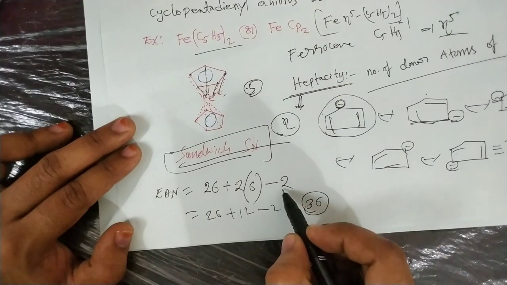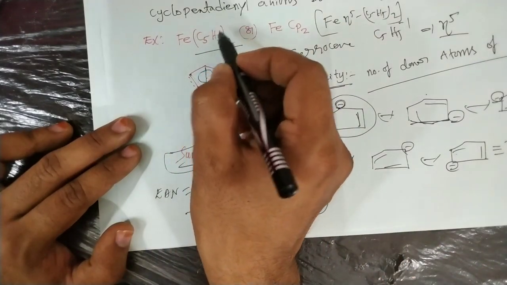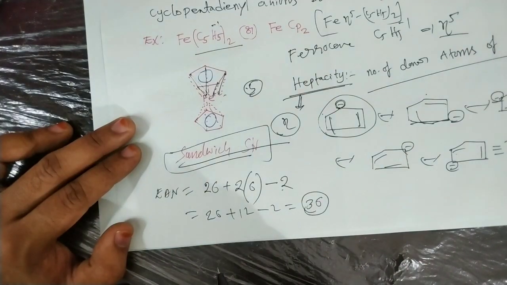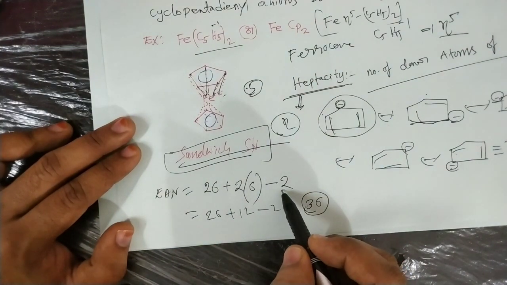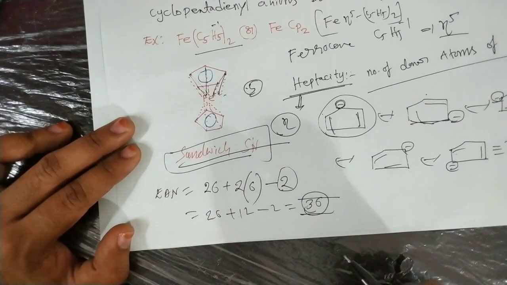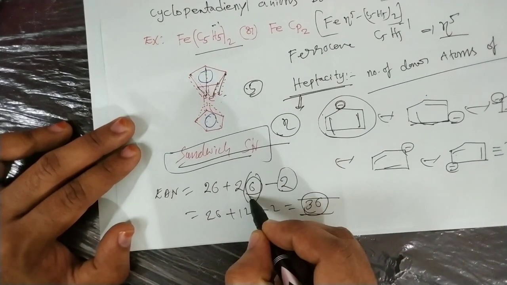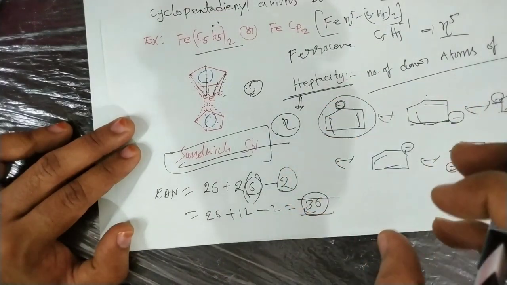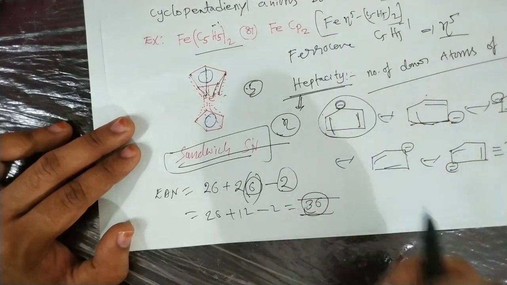Okay. So why this one? Actually C5H5 has a minus 1 charge, that means Fe plus 2. Iron has a plus 2 oxidation state, so we have to subtract. So effective atomic number is 36. It is a 6 electron donor. Of course, hapticity is different. Hapticity means the number of carbons which are involved in bonding.